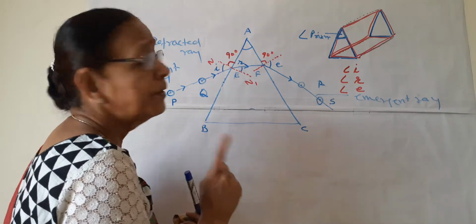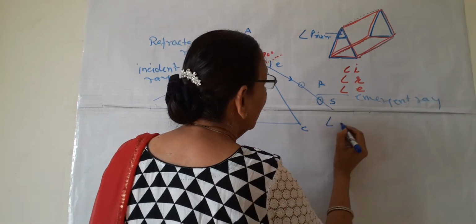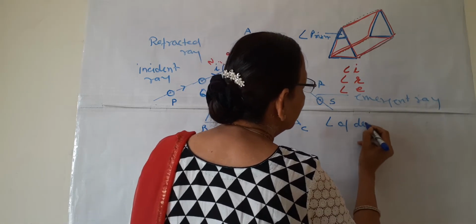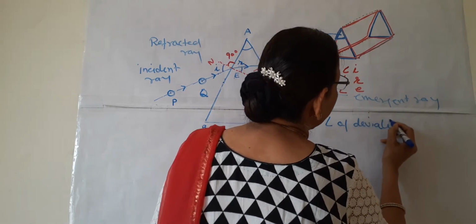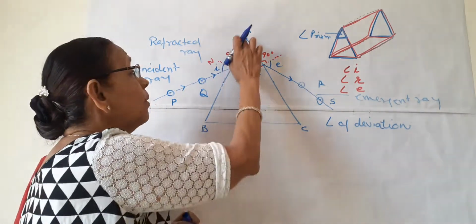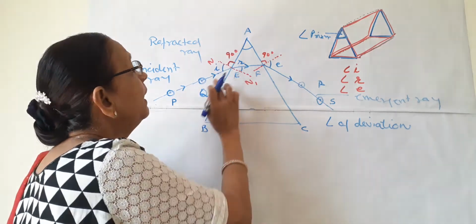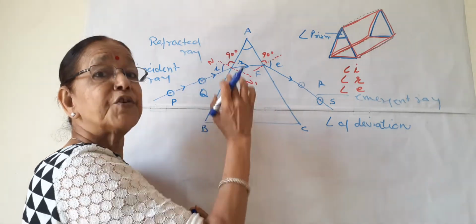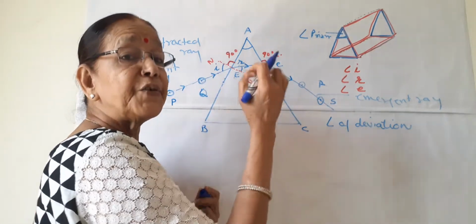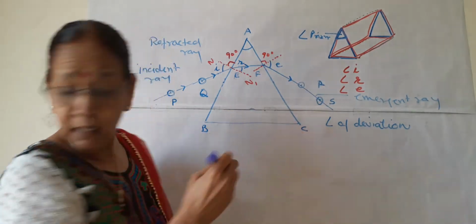One important angle is left, and that is known as the angle of deviation. Deviation means when this light is incident on the prism, it deviates, it shifts its position, it changes its path. How is it deviating?